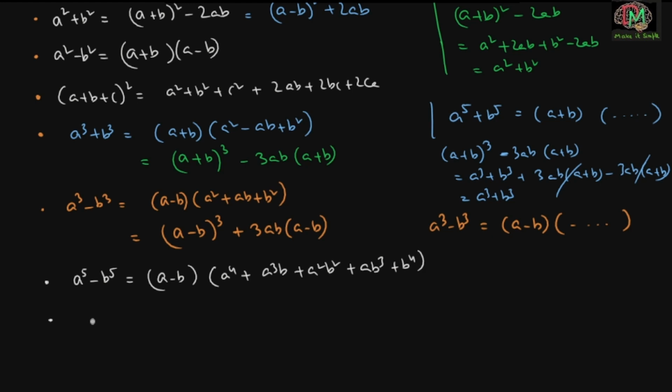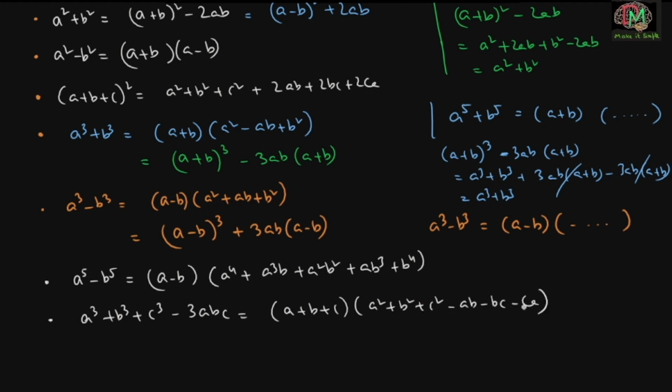And next is a cube plus b cube plus c cube minus 3abc. This is a very important algebraic identity. We can write as (a plus b plus c)(a square plus b square plus c square minus ab minus bc minus ca).